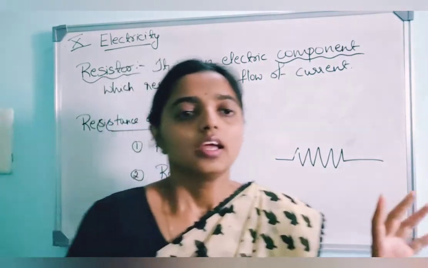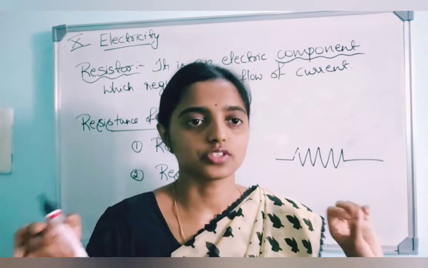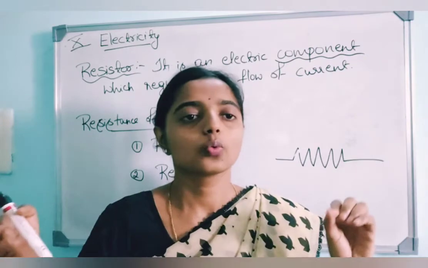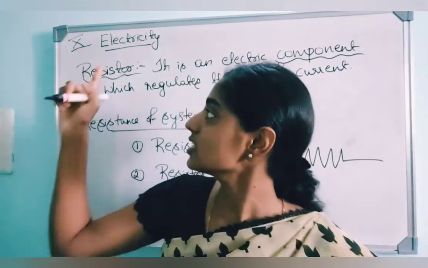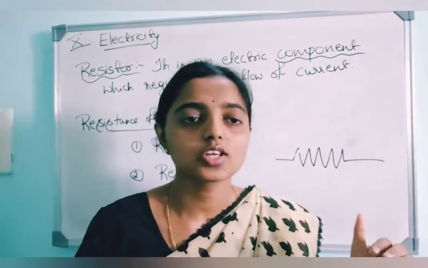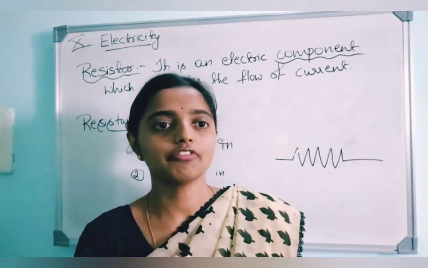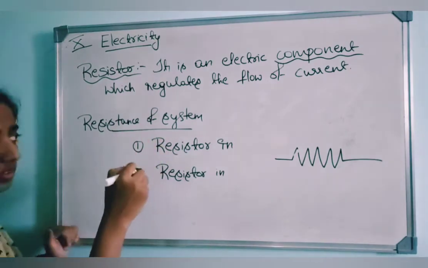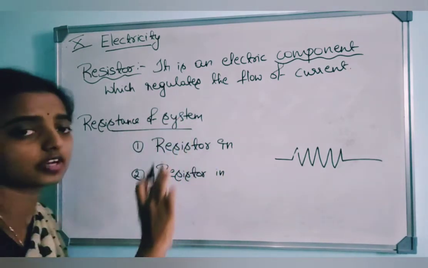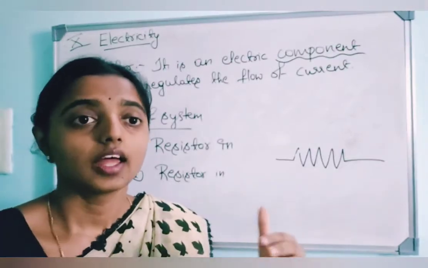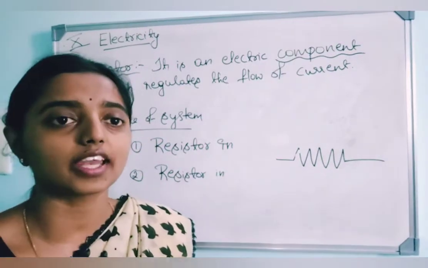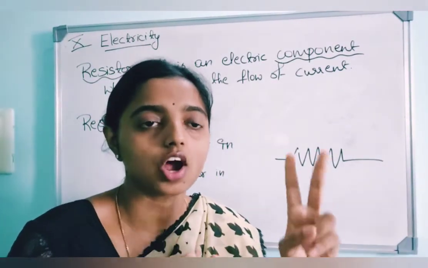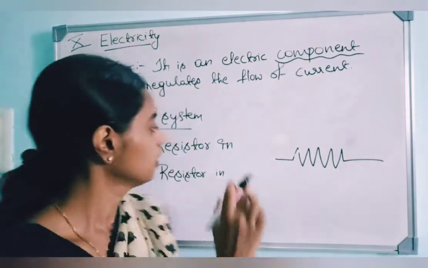Now in almost all electrical gadgets, that is, gadgets which work on a battery, these resistors, these wires, will be connected in two different forms. This is nothing but the resistance of a system. The different ways of connecting these resistors in electrical gadgets are of two types.